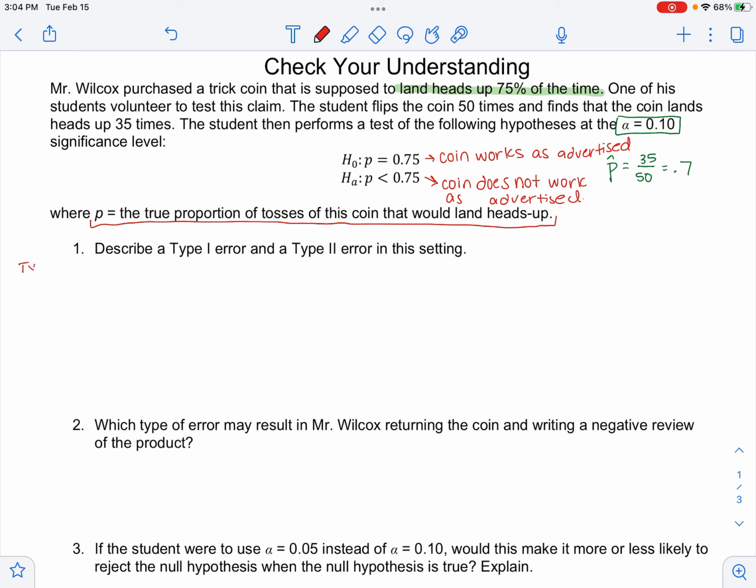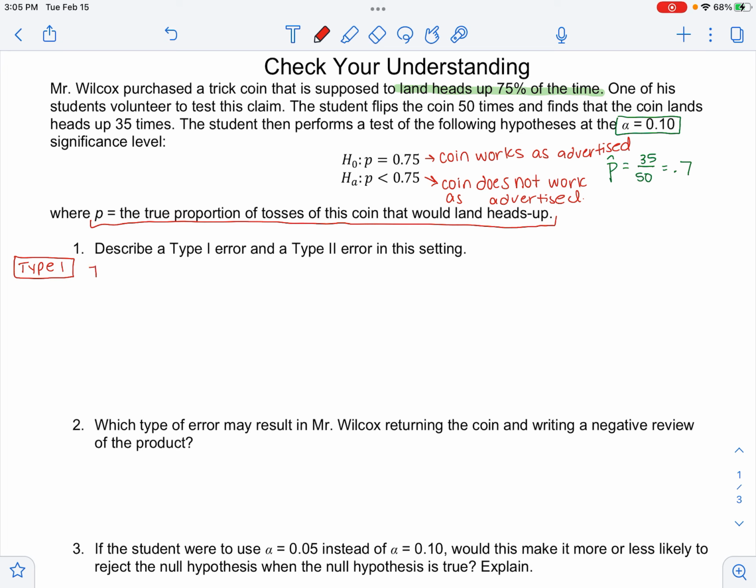Remember, type 1 is where the null is true, but we had rejected the null. And to describe it, I'm going to kind of use what was in the important idea. So the null hypothesis context is true.